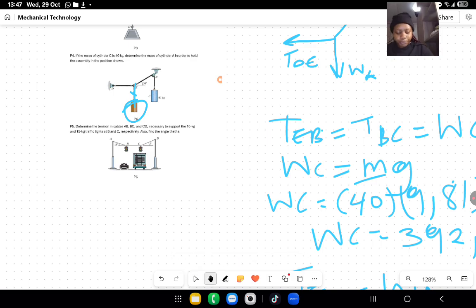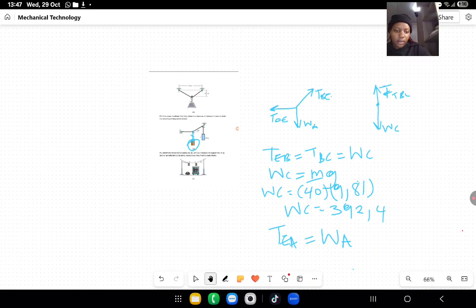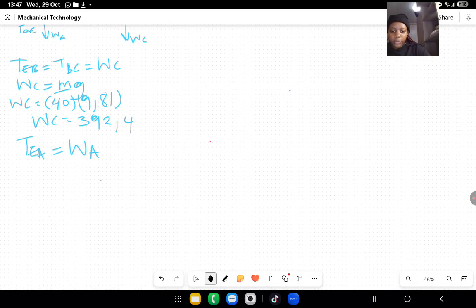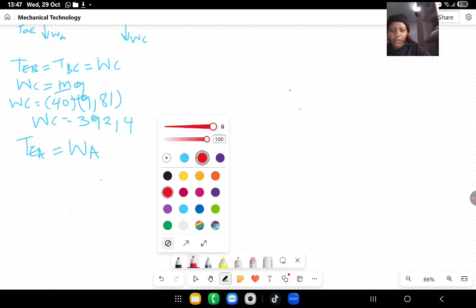Now we will draw a vector diagram so that we can see where we are going. Let me use red for danger.